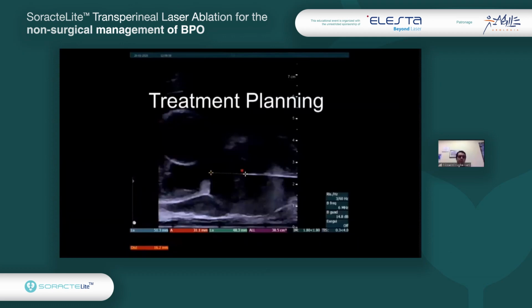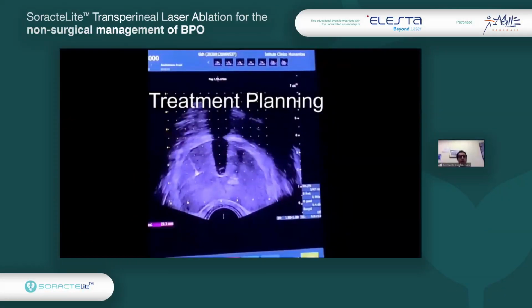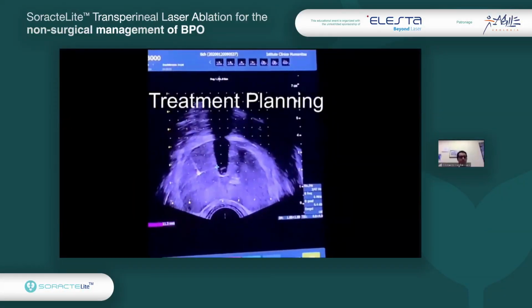After that, we place the 21 gauge introducer needle under ultrasound vision, and the treatment is planned keeping in mind to preserve all these distances that we already talked about: 15 millimeters from the bladder neck and approximately 1 centimeter from the urethra and from the prostatic capsule.